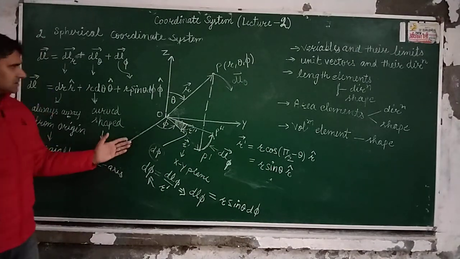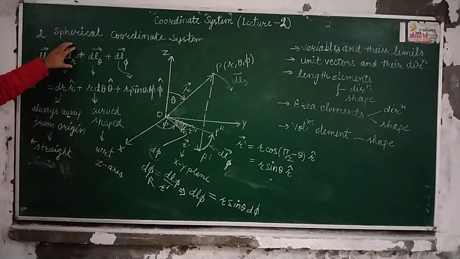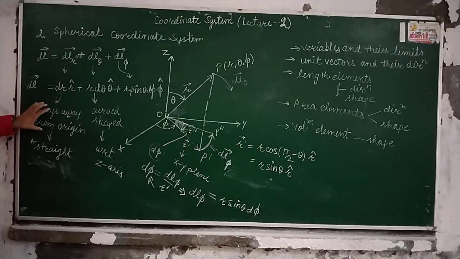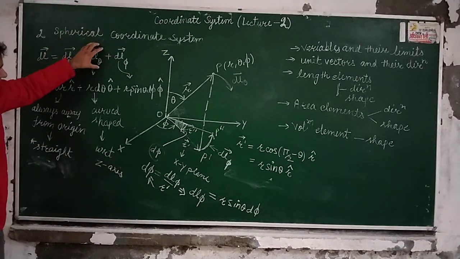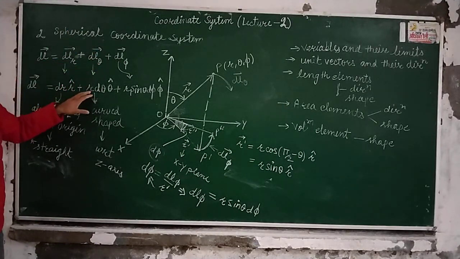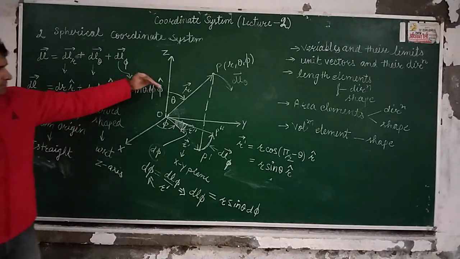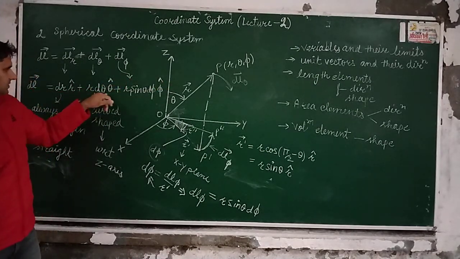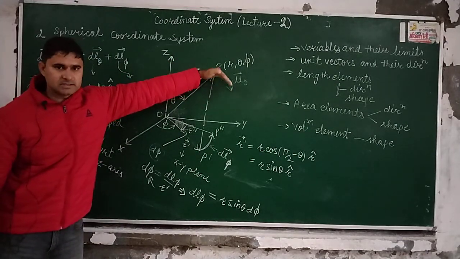And we have discussed that the length element along the radius vector is measured from the origin. It is a straight line, and the length element along the theta direction is given by r d theta, theta cap. This is a curve.